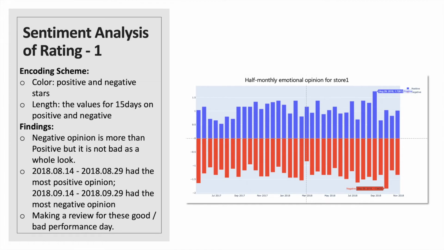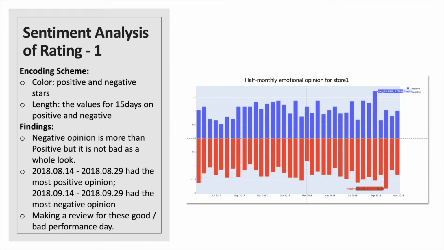Thus, for store 1, negative opinions are more than positive opinions, but it is not bad as a whole. And from 2018, August 14 to August 29 had the most positive opinions, and from September 14 to September 29 had the most negative opinions.